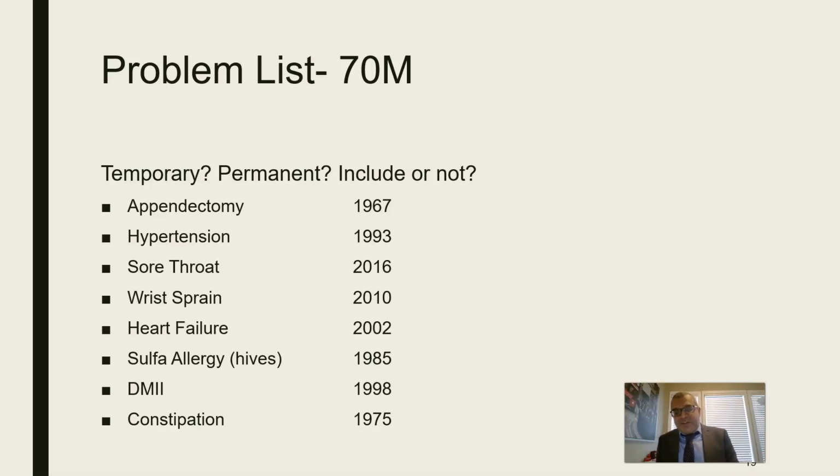Constipation 1975. If the patient is still having constipation, yes, you need to include it, but if it's not chronic constipation, you will not include it. If it just happened because of reduced fluid intake in 1975, I'm not going to include that. Okay. Hopefully now we will be able to write the problem list for any patient you take history from.